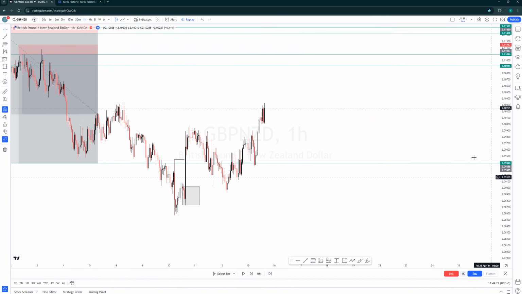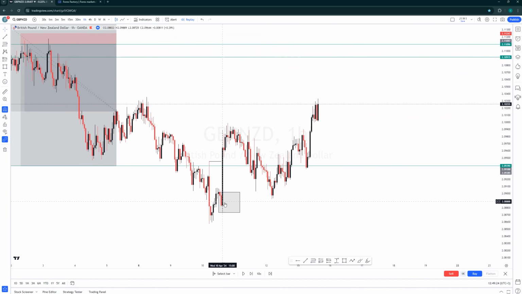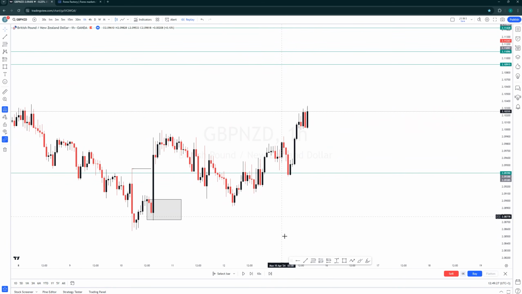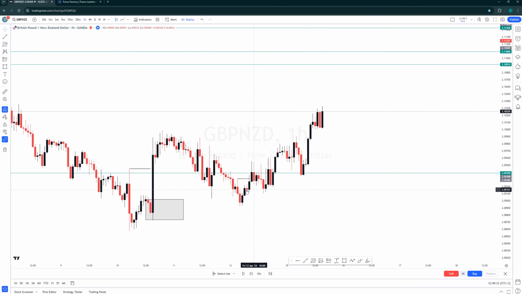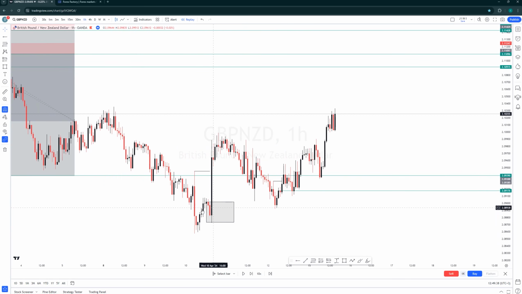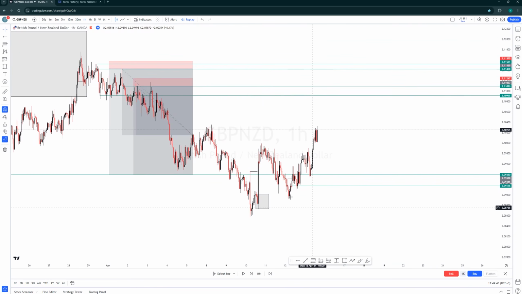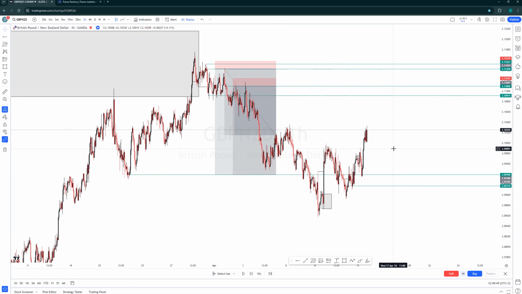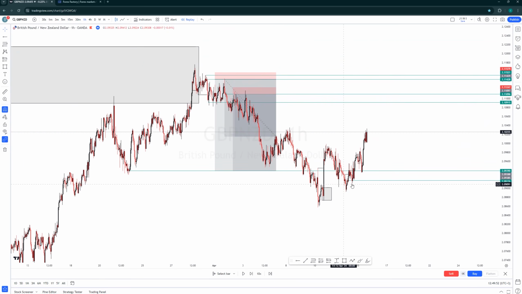But also, if you missed the entry inside this point, you can just take this one after this change of character here. This was the change of character with the formation, so it means we can take this formation as the entry. So you took this entry at this point, and then you took the entry at this point. That is how we managed to take this buy trade. I have shown how this trade was taken in the previous video, so if you haven't watched it, just go and watch that video.